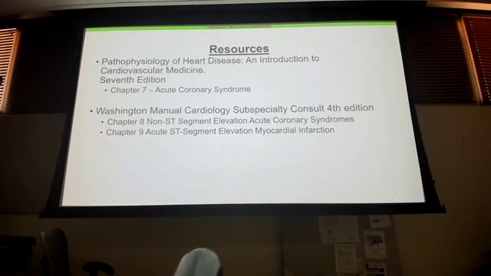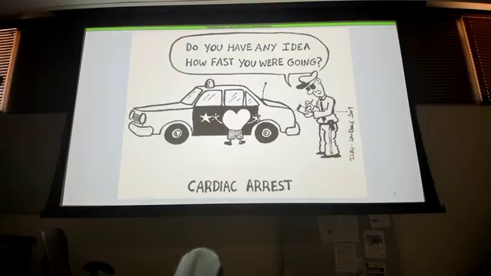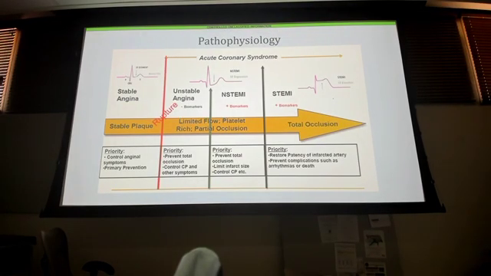All right. So today we're going to talk about the acute coronary syndromes. And we talked about how when you begin a conversation about ischemic heart disease, there's a spectrum of chest pain symptoms or anginal symptoms.